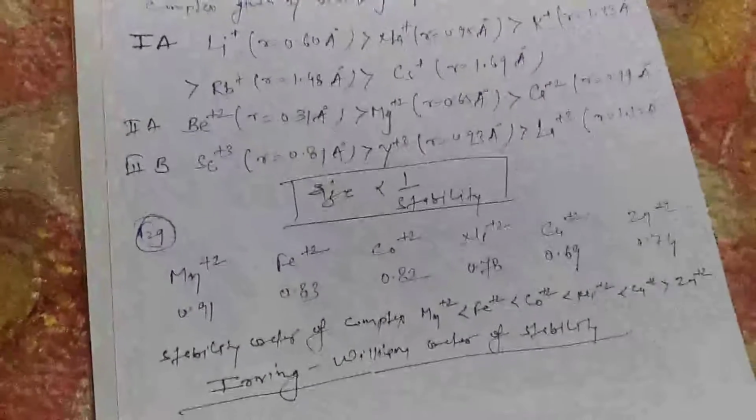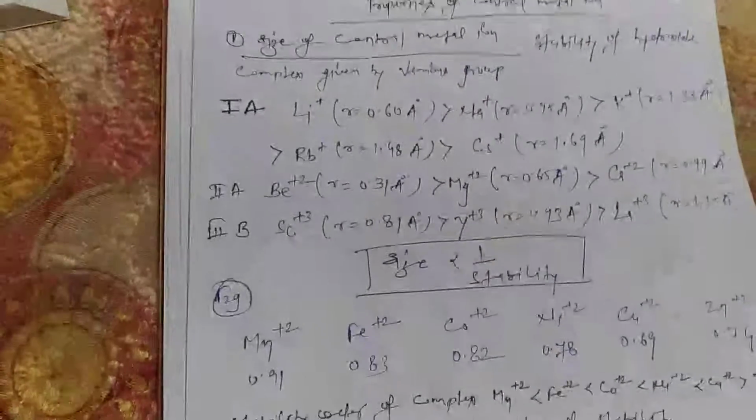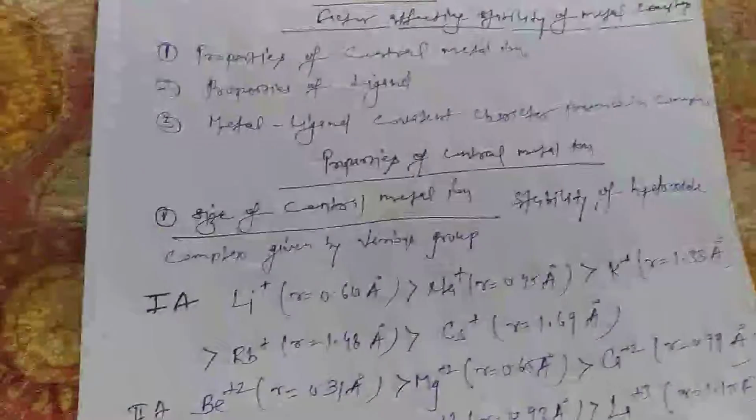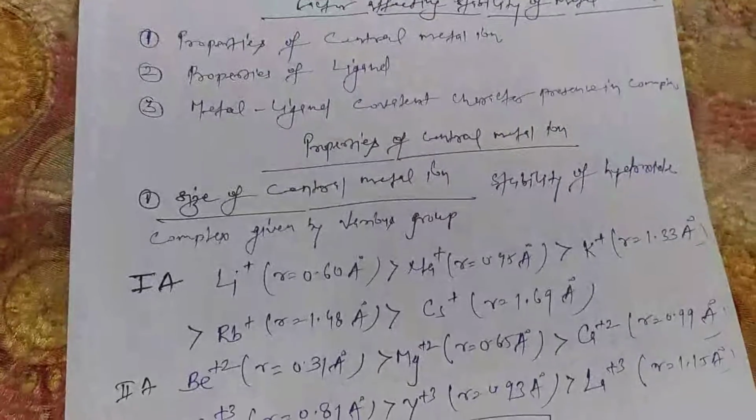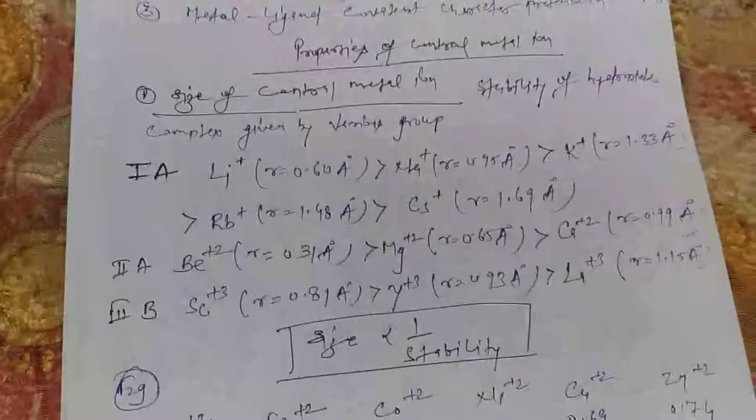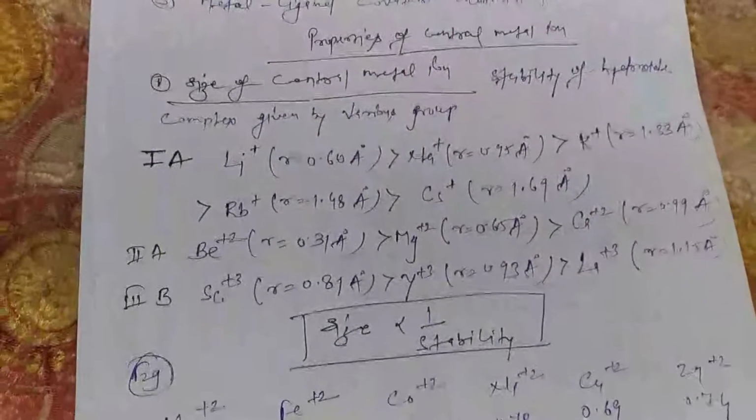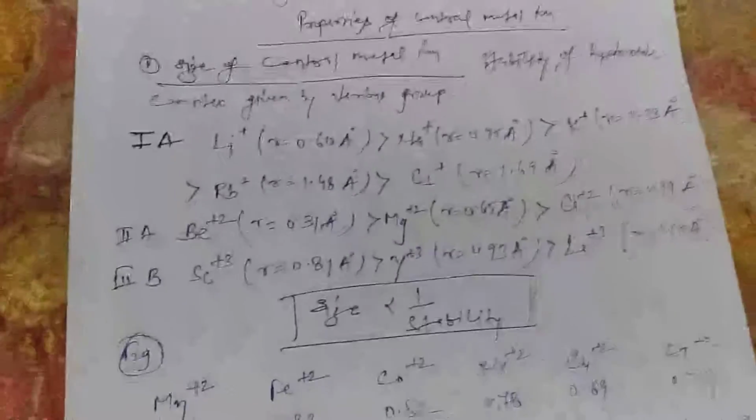Okay, so this is the first property. Here we discussed the size of the central metal ion. Okay, let's talk about the charge. What is the effect of charge on the central metal ion?